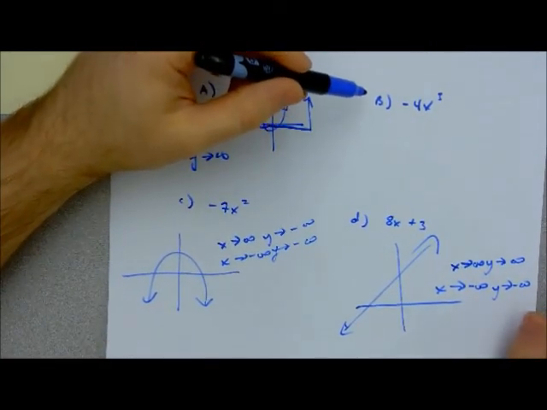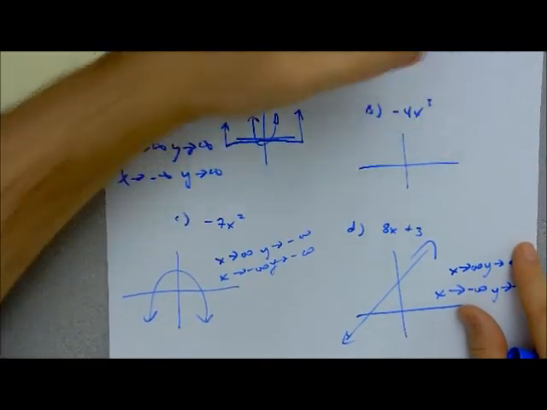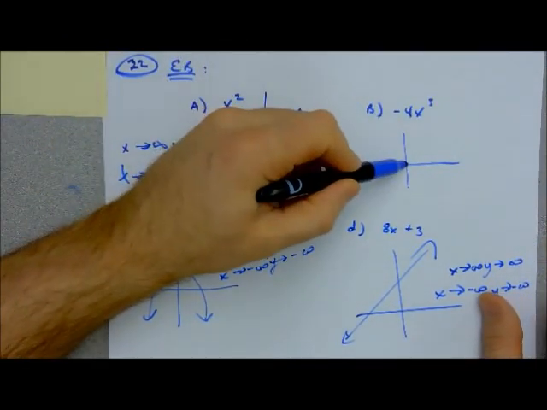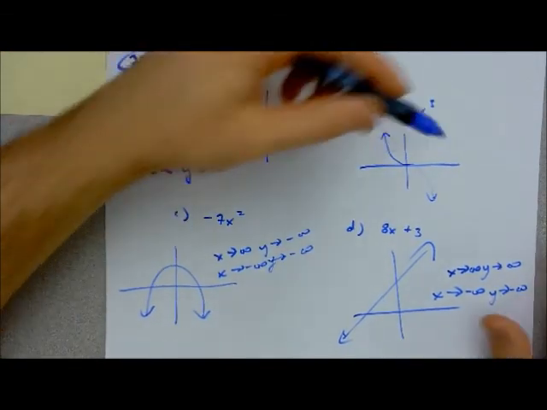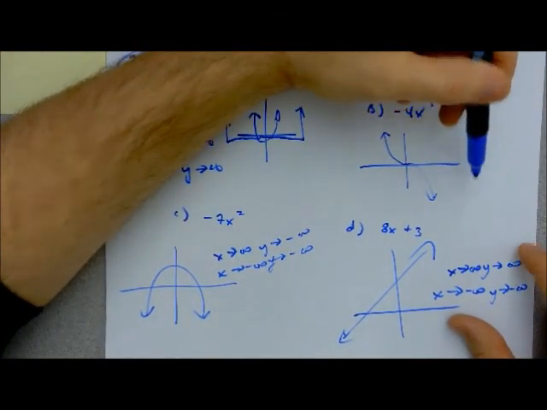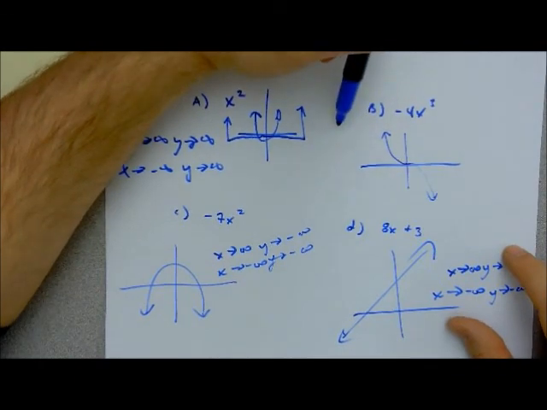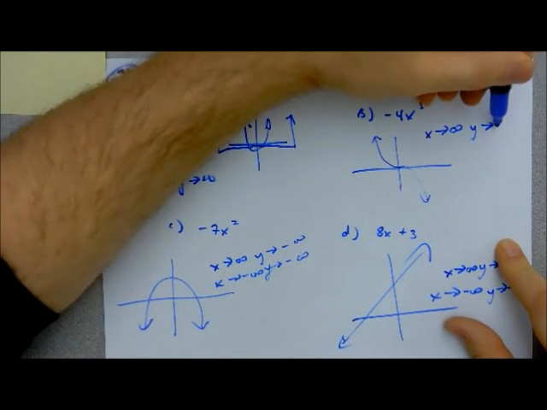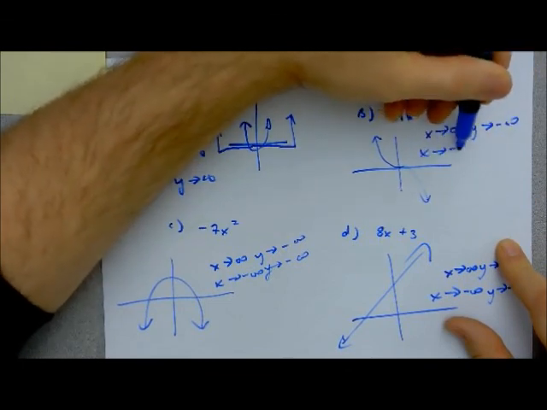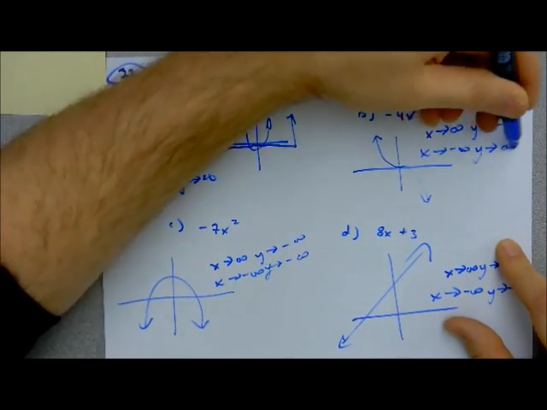In the last one, in part B, you might need to graph that one. When you graph negative 4x to the third, you get something that looks like that. So as x goes to the right, y goes down, and as x goes to the left, y goes up.